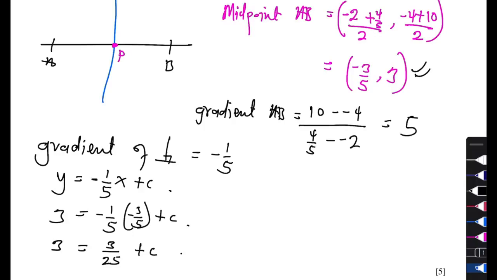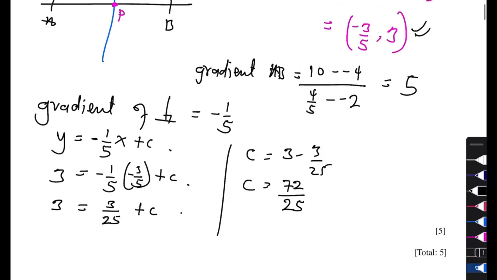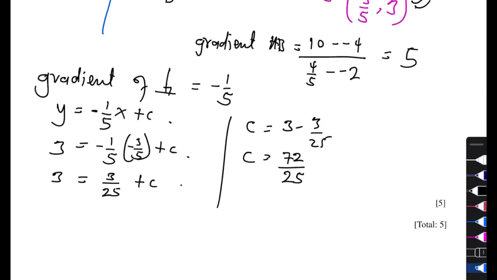This implies that c is equal to 3 minus 3/25, and if I put it on a calculator, that is 72 over 25. So the equation of the perpendicular bisector is y equals negative 1 over 5 x plus 72 over 25.